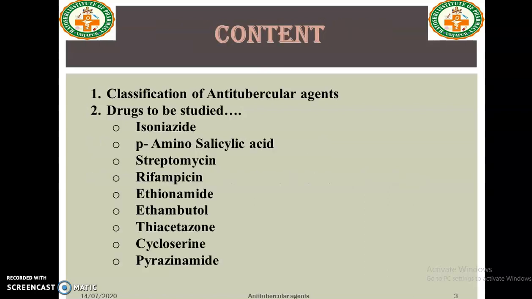The content of this presentation are: we are going to study the classification of antitubercular agents, and also we are going to see few of the drugs like isoniazid, para-aminosalicylic acid and so on in detail with respect to their physical properties, storage conditions, uses, brand names and so on.